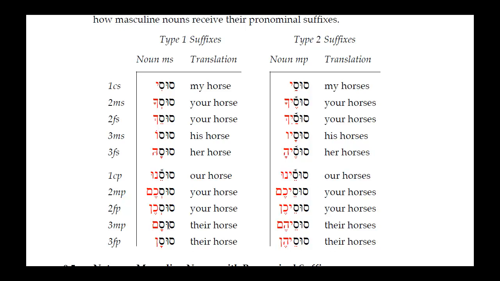Susam, which is their horse, and Susan, which is their horse, third feminine. The nun tells us that it's the feminine plural of their, that it's the women's horse. The mem here tells us it's the masculine, that it's the male's horse, a guy's horse, their horse.